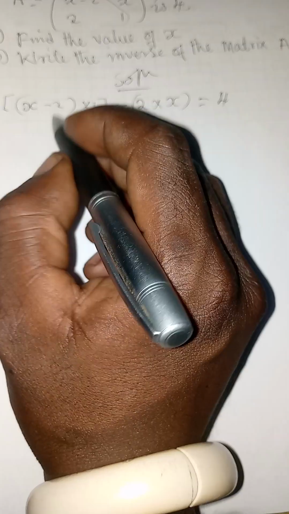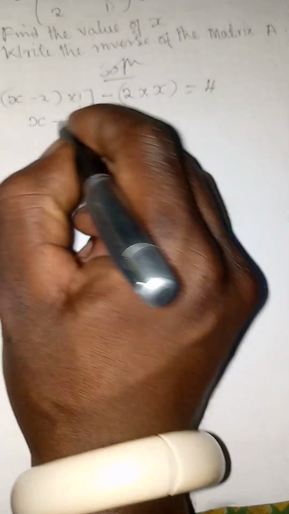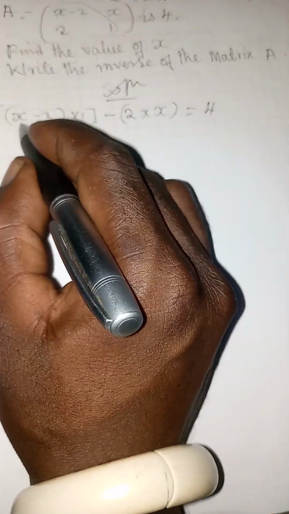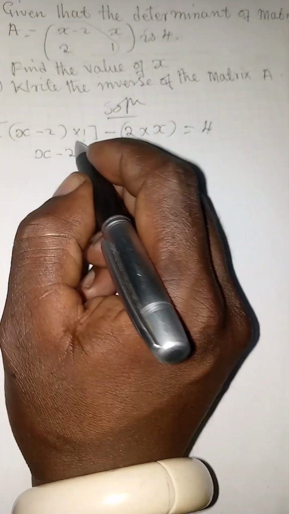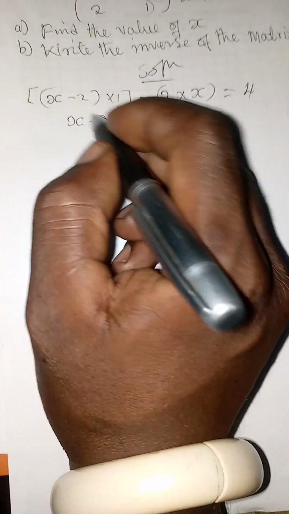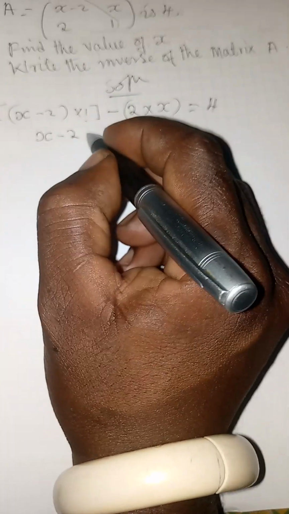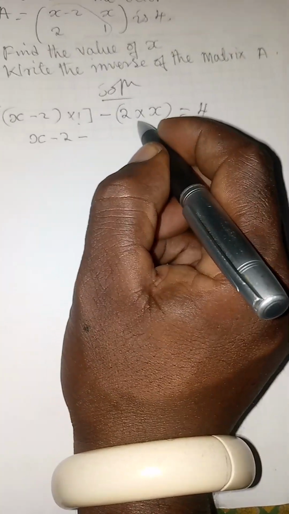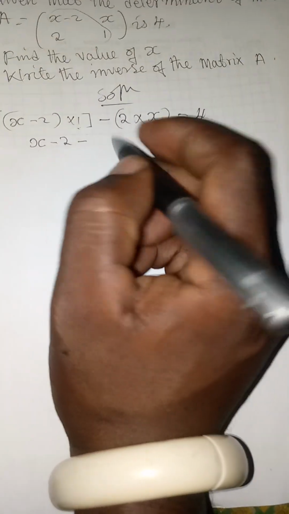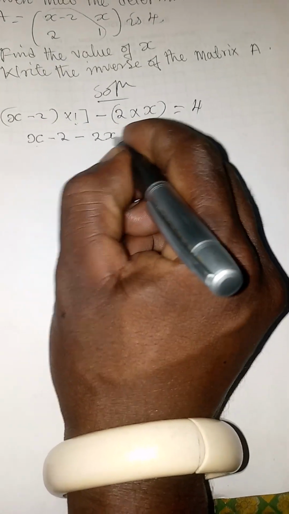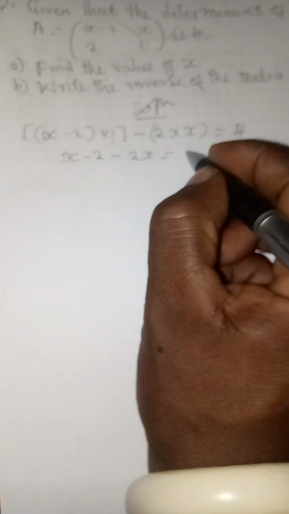So let's go now. 1 times the whole of this still remains x minus 2, because 1 times x is x and 1 times negative 2 is negative 2. So this remains like this. Minus there, 2 times x is 2x, which is equal to 4.